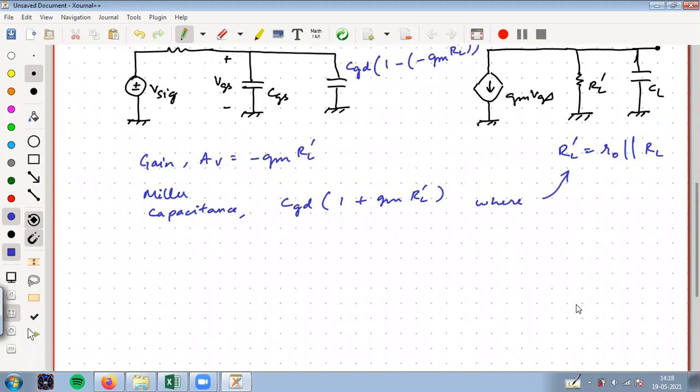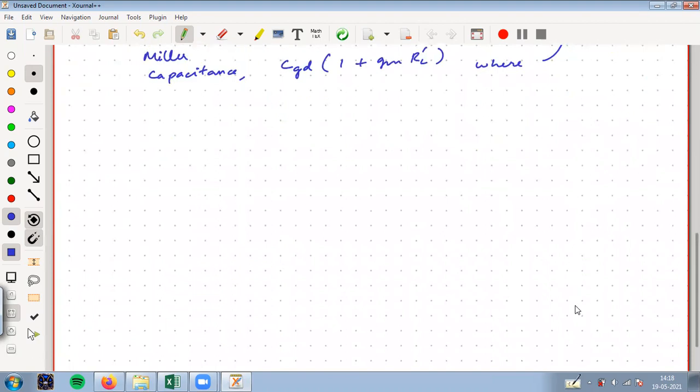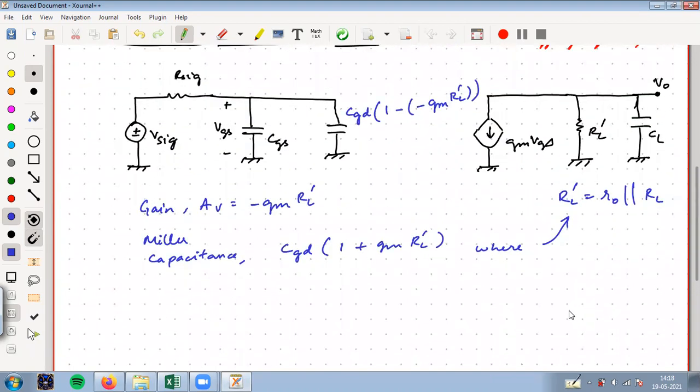If I look at the input side now, both the capacitors CGS and CGD are in parallel.